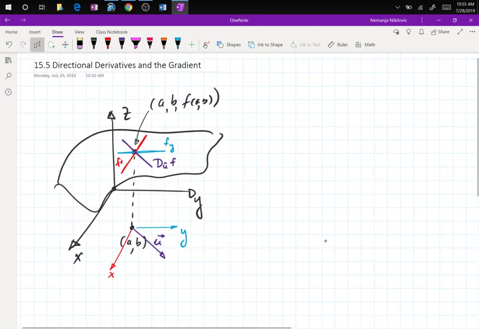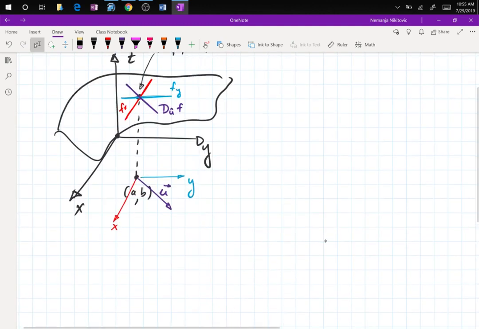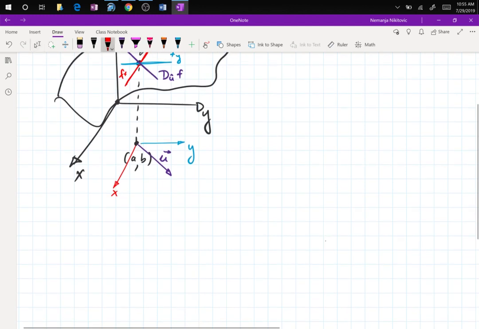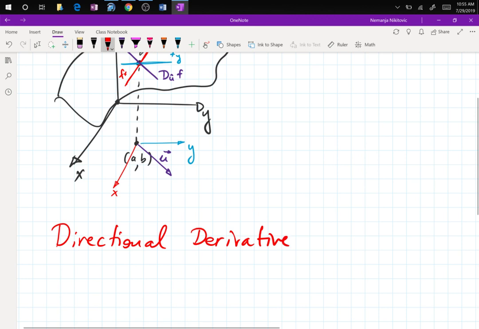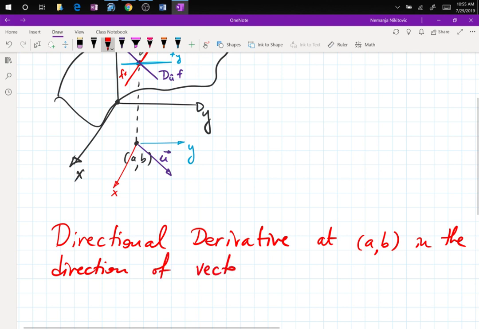So what is this thing that we are learning? We are learning the directional derivative at point A, B in the direction of vector u.